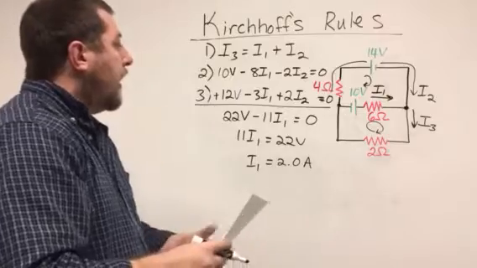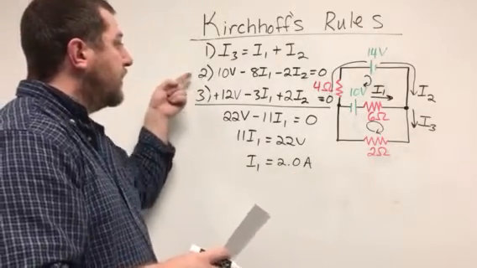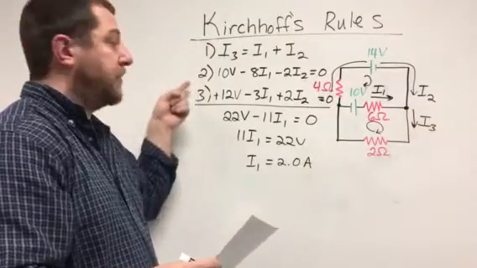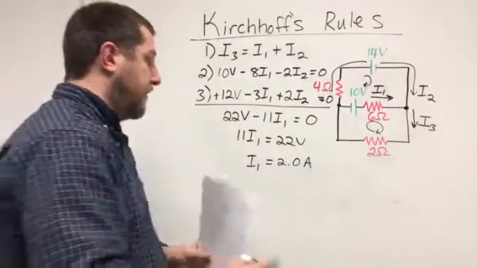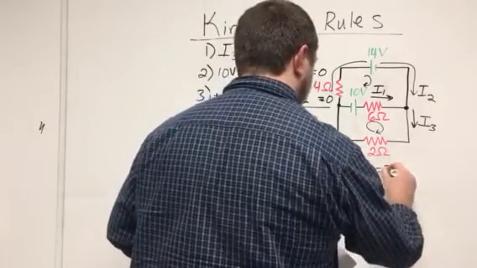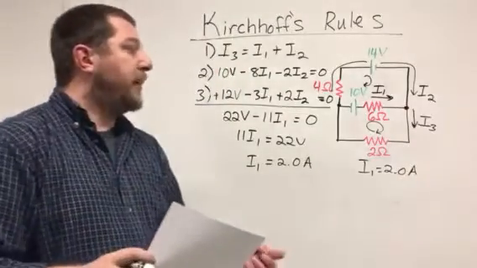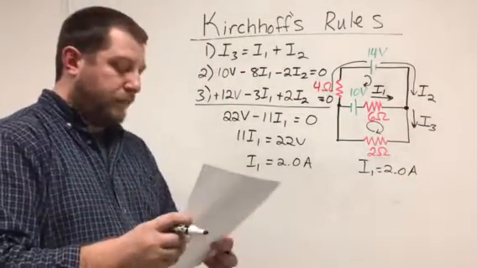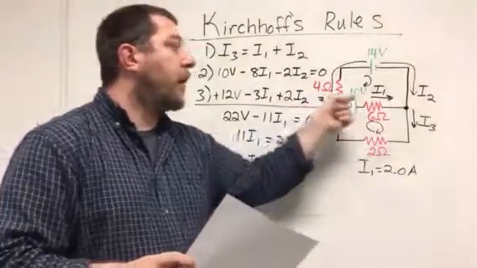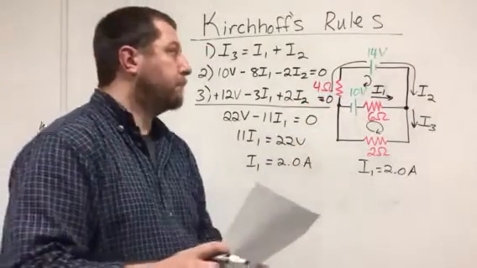Right? And now that I have this, I can plug this result into either of these equations, and I can solve for I2. So what that means is that we've picked the correct direction for the current I1. I1 is indeed moving this direction through the circuit, all right?